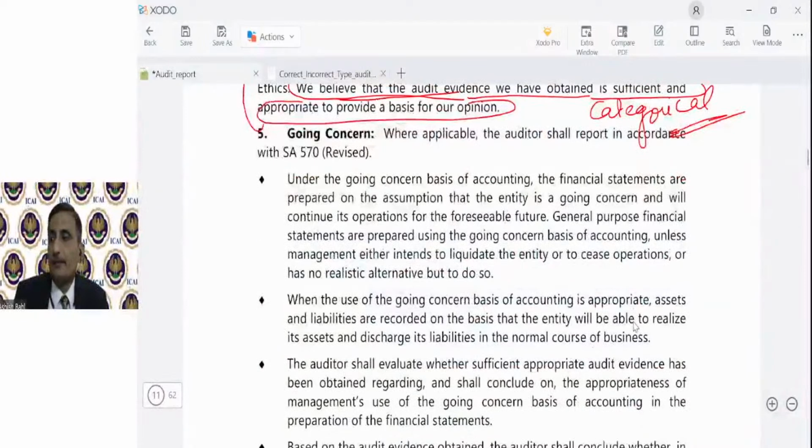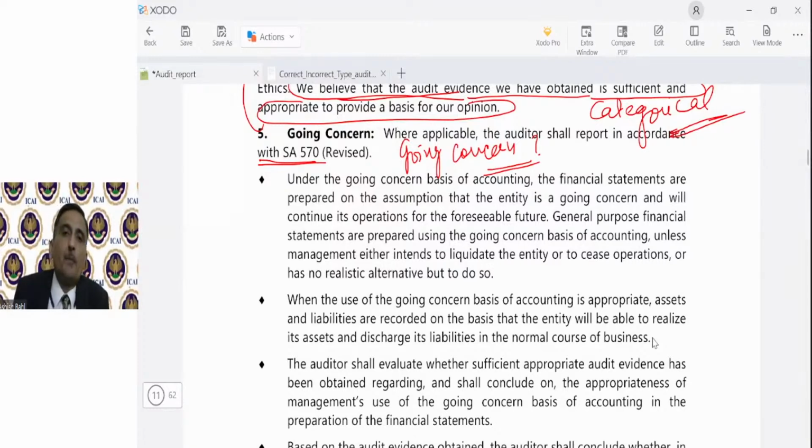Welcome back, guys. So next point is that the auditor shall also report in accordance with SA 570 as per applicability of SA 570. So what was SA 570, guys? It related to going concern. Now what does going concern mean, guys?